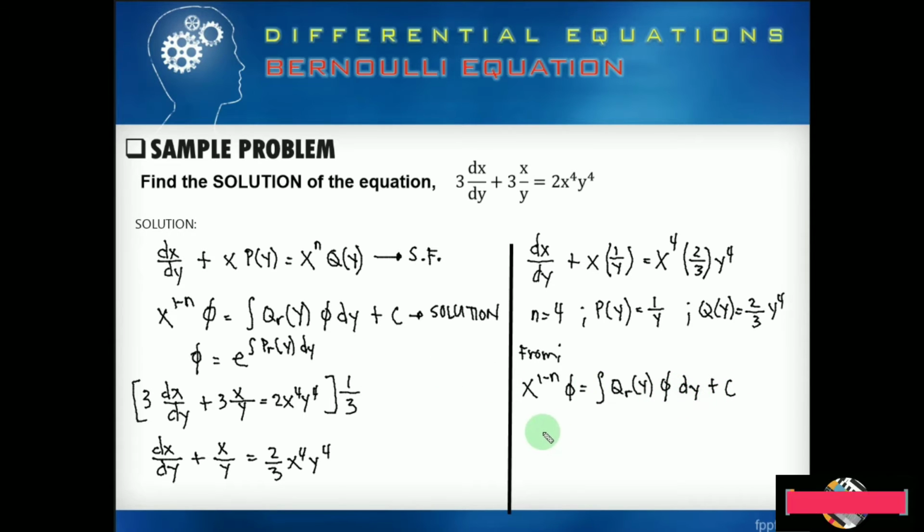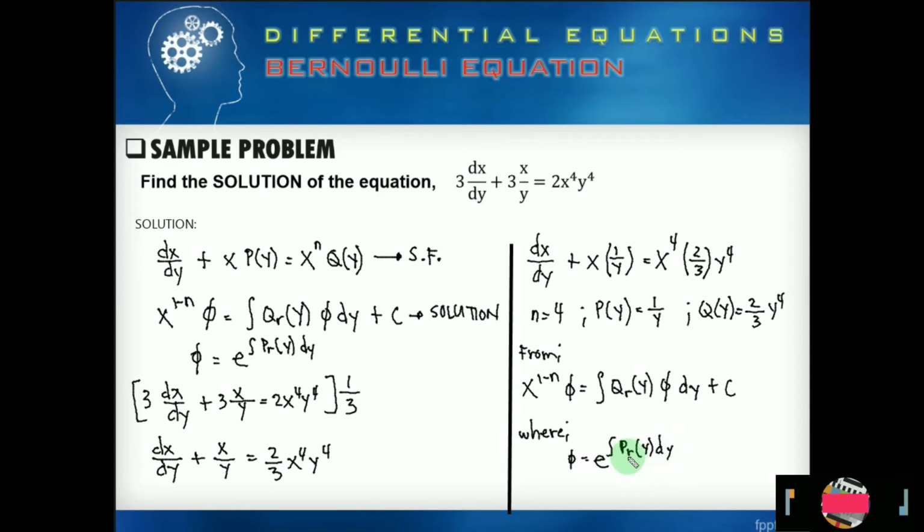So ang mangyayari dito, i-solve muna natin itong phi, where ang atong phi is just equal now to p raised to the power of the integral of your p subscript r as a function of your y dy, okay.